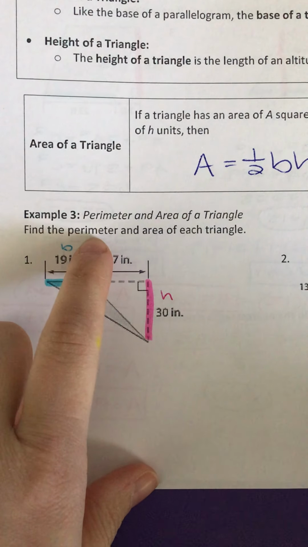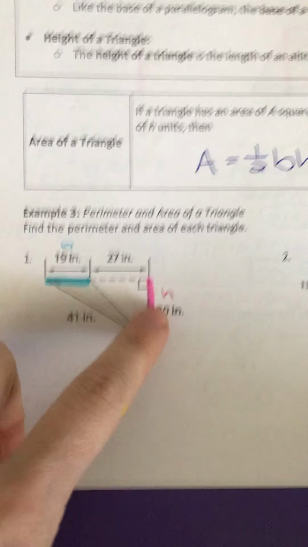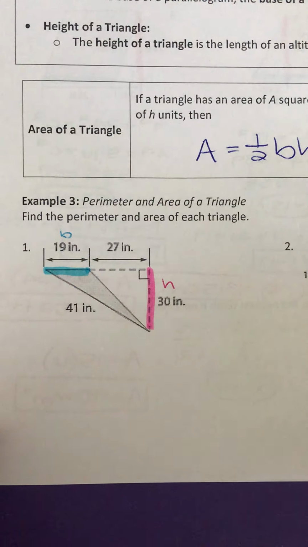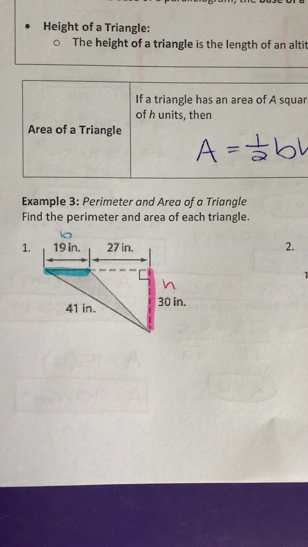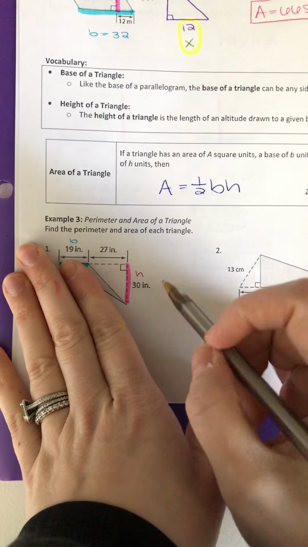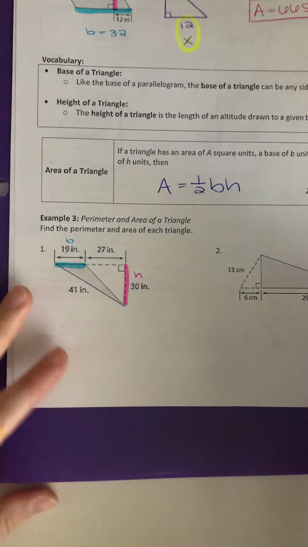So the directions tell us to find the perimeter. So if you notice here, I can find my area. I have base and height, but I don't have that side here. So I'm going to have to use Pythagorean theorem, similar to what we did with parallelograms. So I'm going to ignore the shaded part and I'm just going to look at this white triangle. That's why that 27 is there.